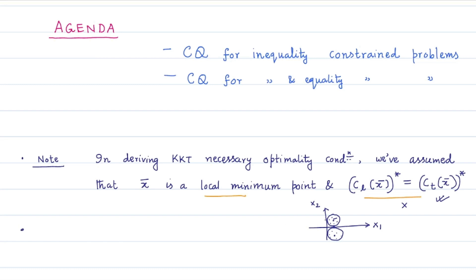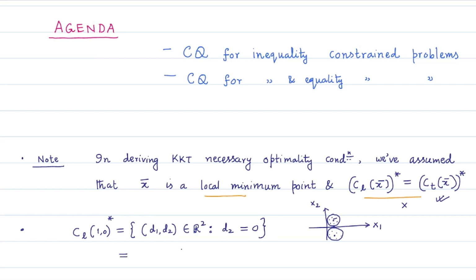For this particular example, you will find that the dual of the linearizing cone at the point 1, 0 is the set of directions d1, d2 in R2 such that d2 is equal to 0.